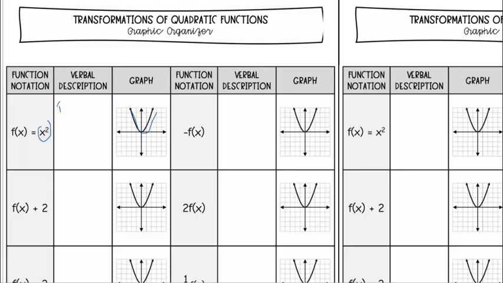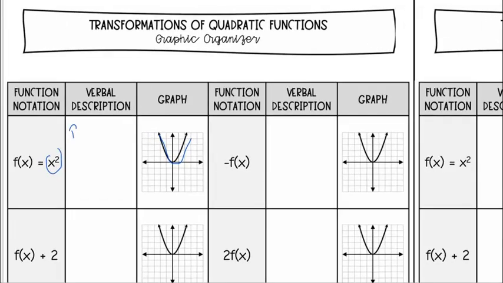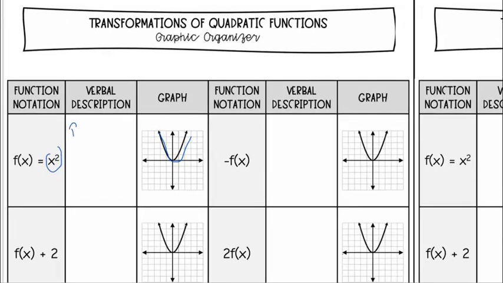Just write parent. Make this larger. So we're going to write parent function. And for this one, the vertex is always at (0, 0). That's why it's the parent function.